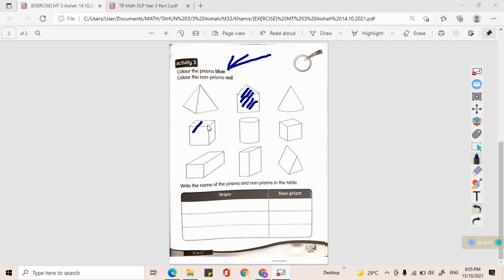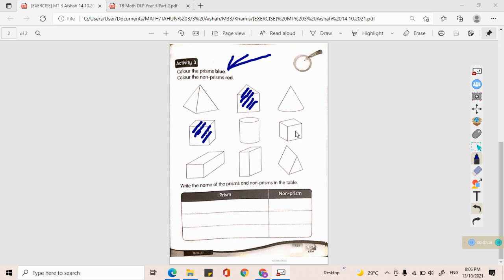So you color it with blue color, dark blue or light blue. Okay, the next one is a cylinder. Is it prism or non-prism? Remember, prisms only have three shapes, which are square prism, rectangular prism, and triangular prism. So this one is a cylinder. Yes, it is a non-prism.